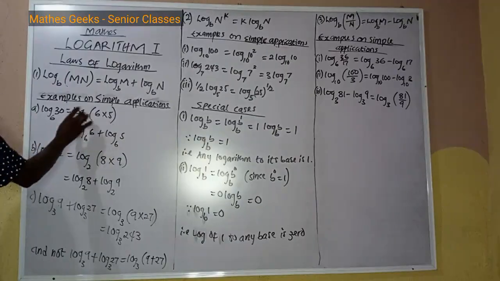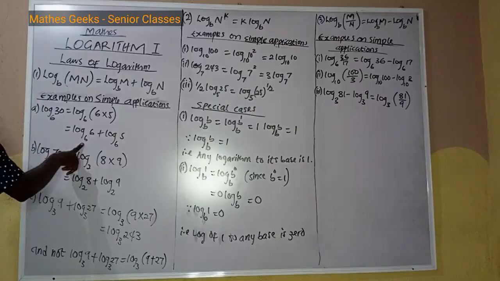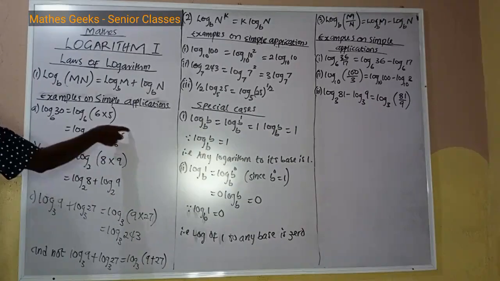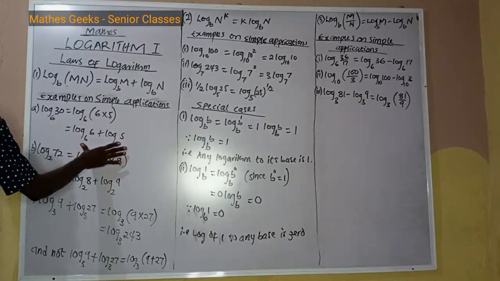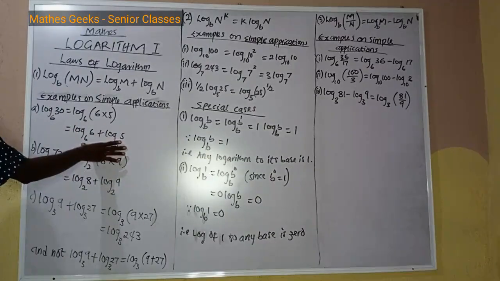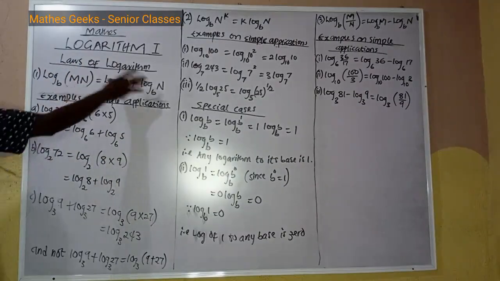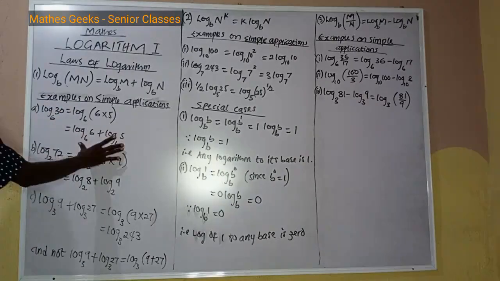So log 6 times 5 to the base 6 equals log 6 to the base 6 plus log 5 to the base 6. This is a result of the multiplication law of logarithm. Once you have something like this, you can simplify it in this form.